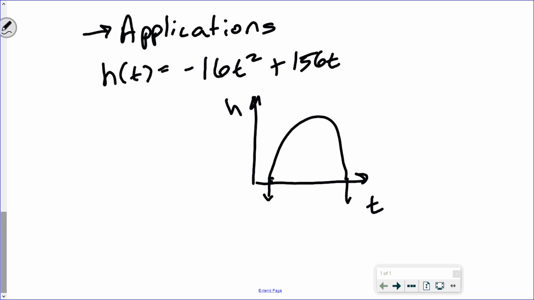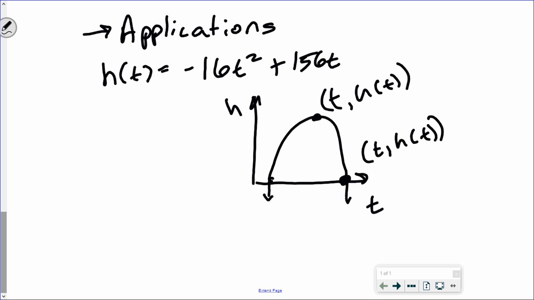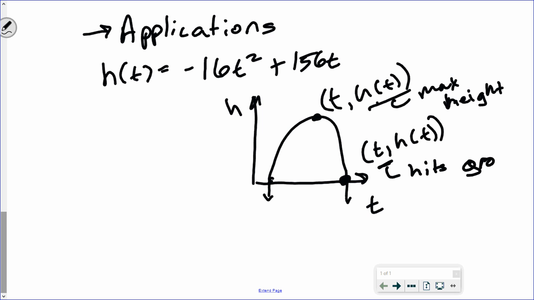What time did it hit the ground? That's the t value here. What's the maximum height? That's the h of t value, the y value, at the vertex. Those were a couple application problems we did in 9.2.